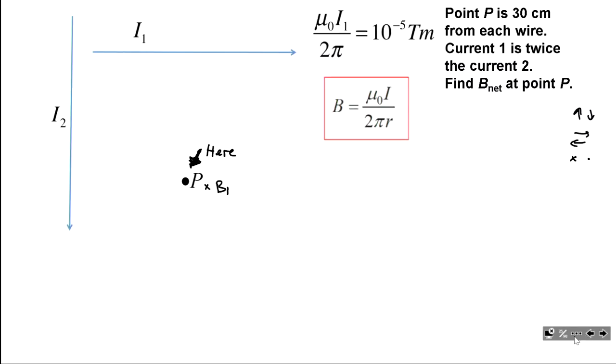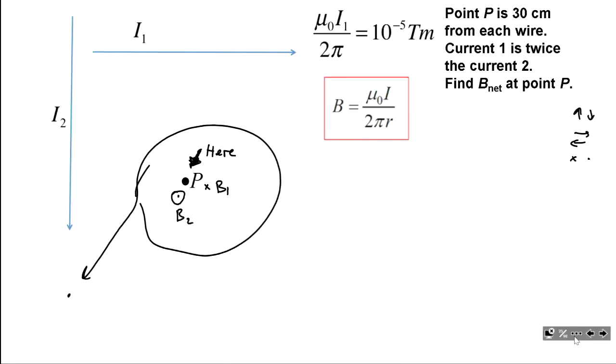Thumb, fingers, and right here it will be out of the screen. And for out of the screen, what do we use? A different symbol. Technically, all these three symbols, the dot for point P, the cross for magnetic field in, and the dot with a circle for magnetic field out, should be at the same location, but we wouldn't be able to see anything. So that's why we space them around, but in our mind we need to understand they are at the same location.